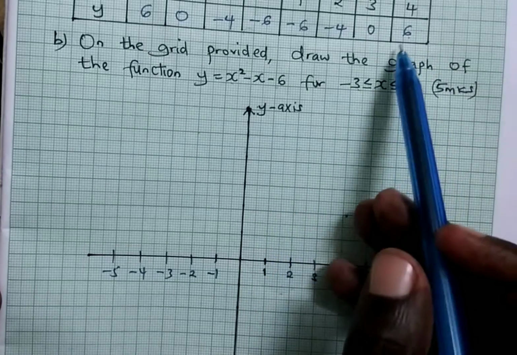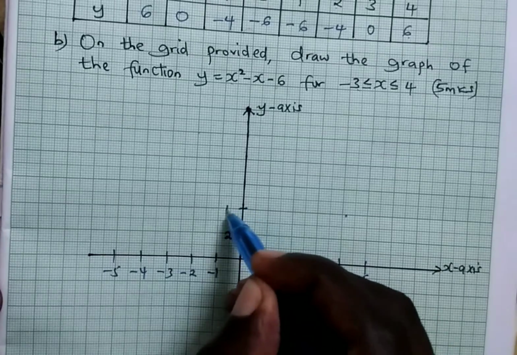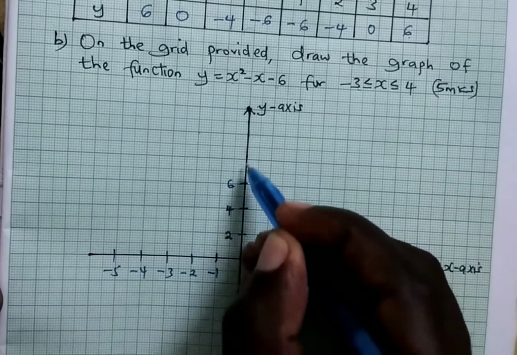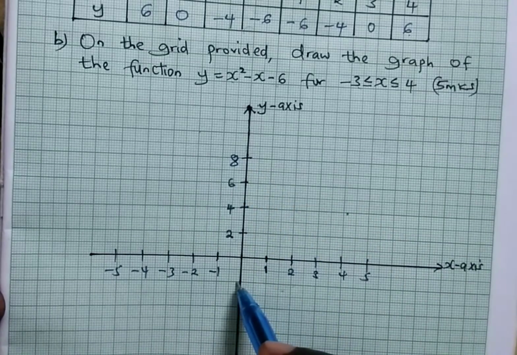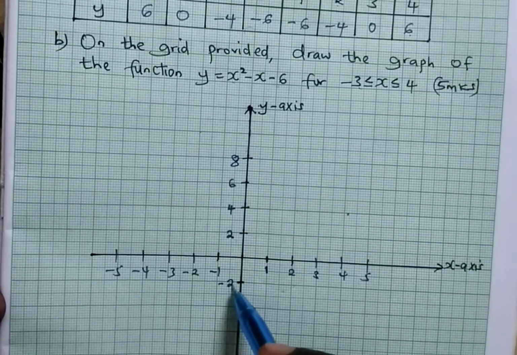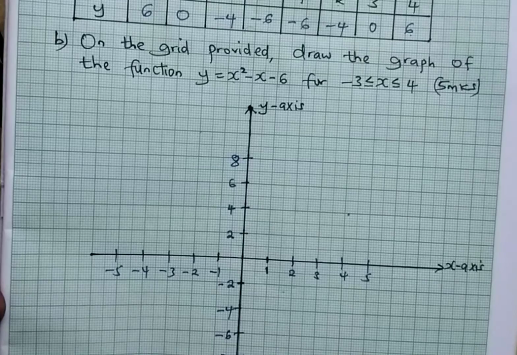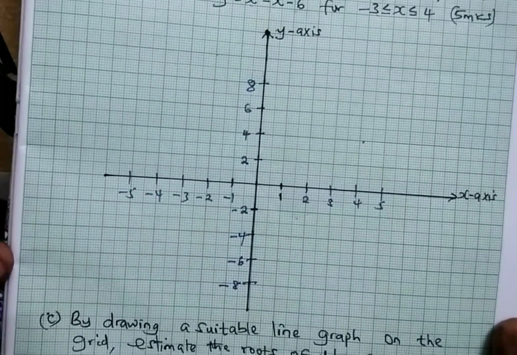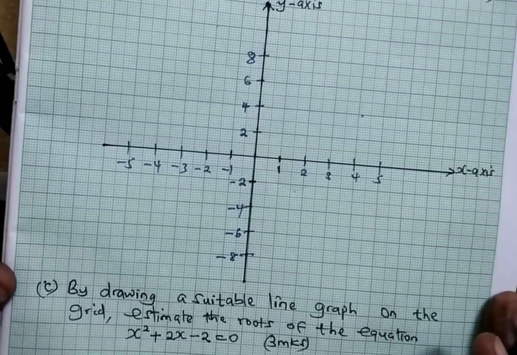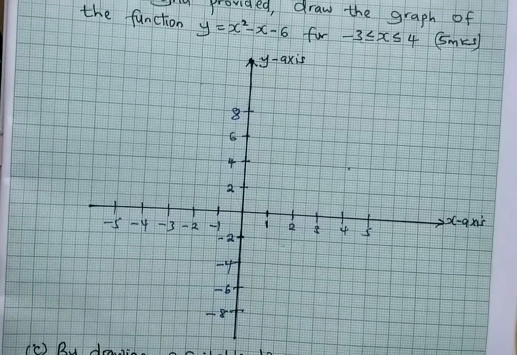And if we use a scale of 2, we are going to have 2, then 4, 6, and of course 8. Then on the negative part, we are going to begin with -2, -4, -6, and here is -8. Once we have done that, we can now plot our graph without any problem.